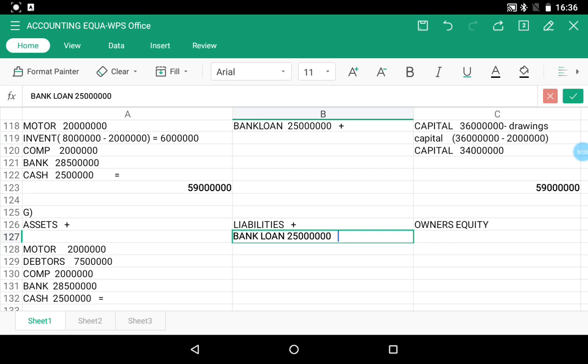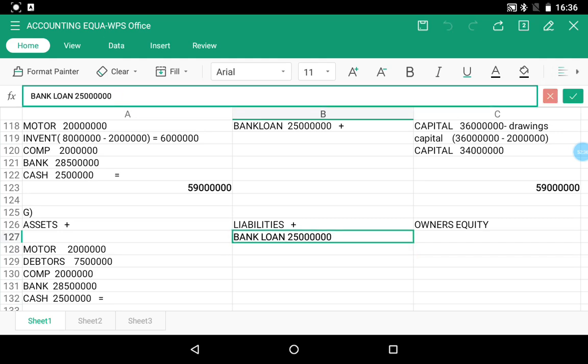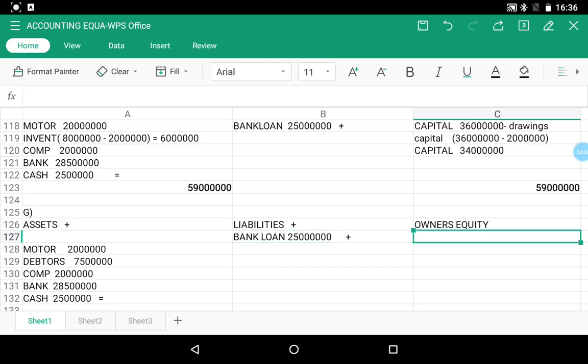We don't have any other liability, so we are going to add owner's equity. Do we have? Yes, capital. But remember, capital used to be 34 million. A balance, we have 34 million.